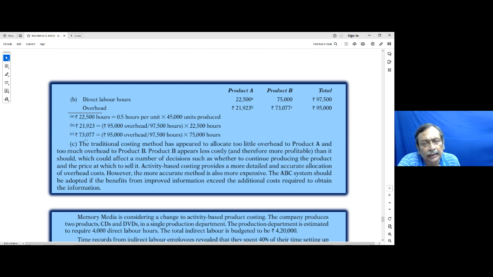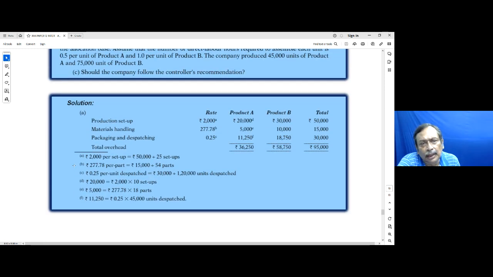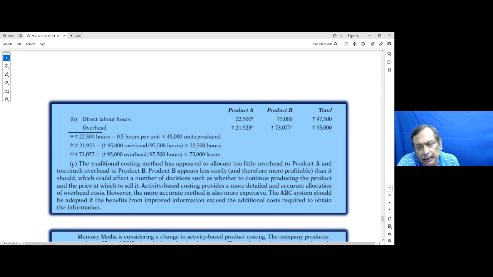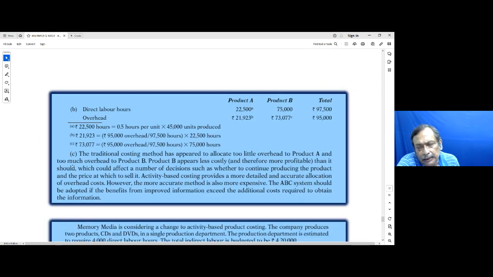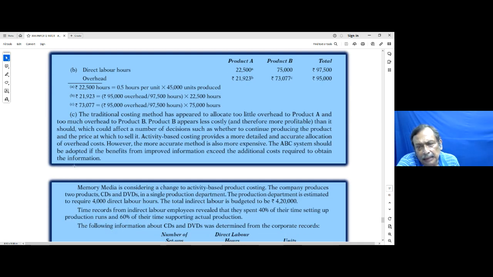And the third part, what is given? Should the company follow the controller's recommendation? That is a decision we have to take, considering both the traditional as well as the ABC view.